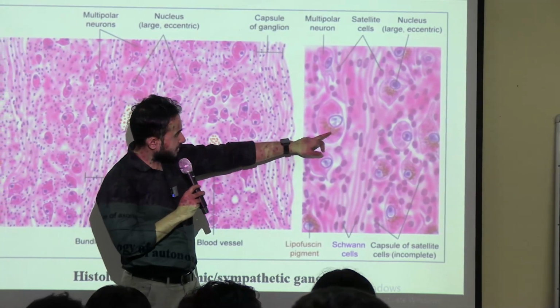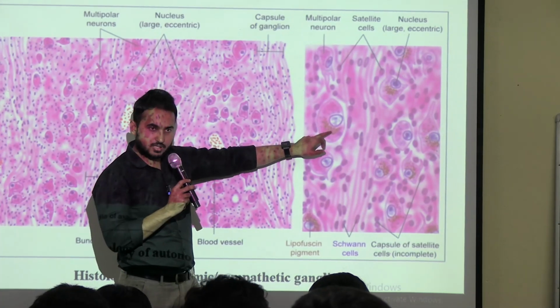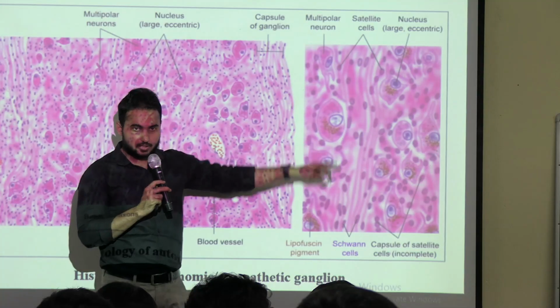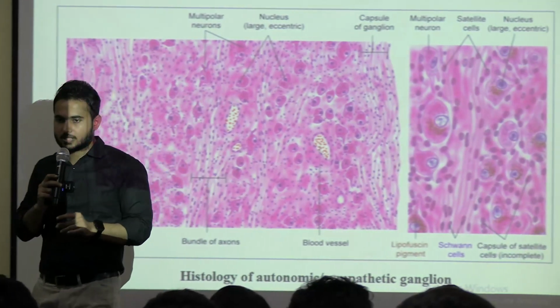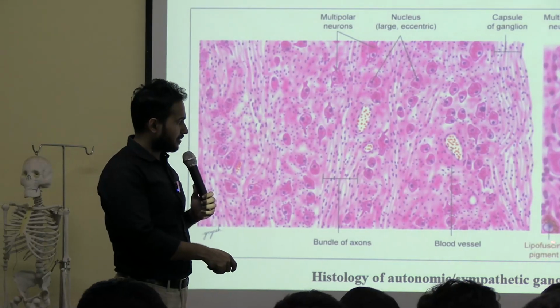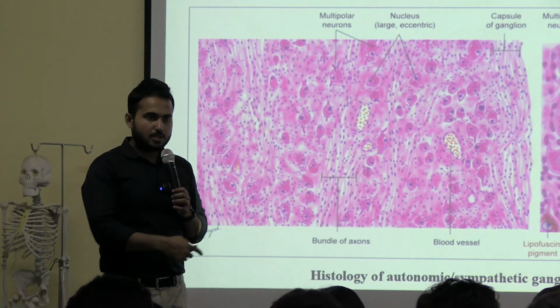Next, another important thing, can you see these granules, these dots? These are called lipofuscin granules, a special type of granules. What is this?